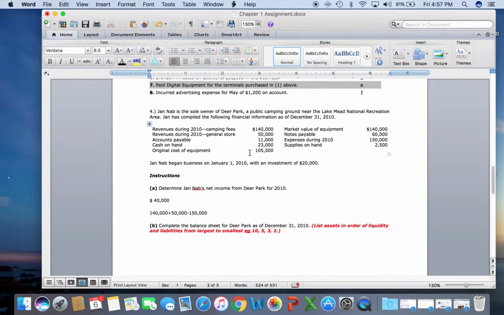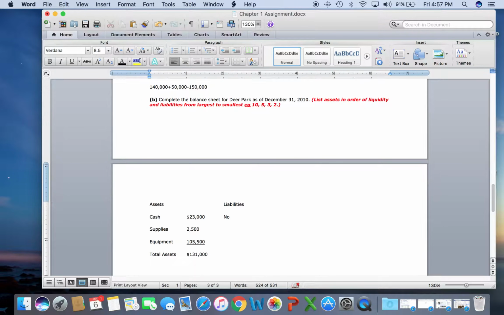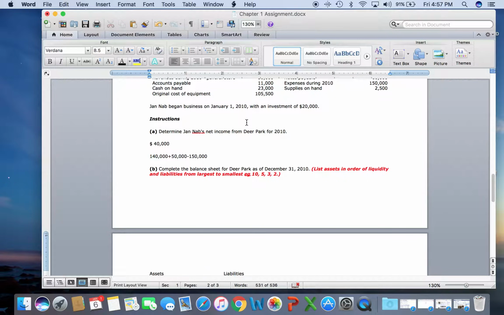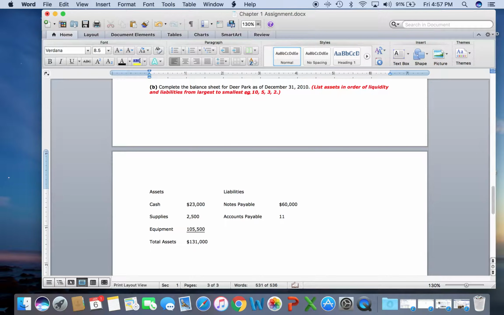So the notes payable is $60,000. We also had accounts payable. Accounts payable was $11,000.